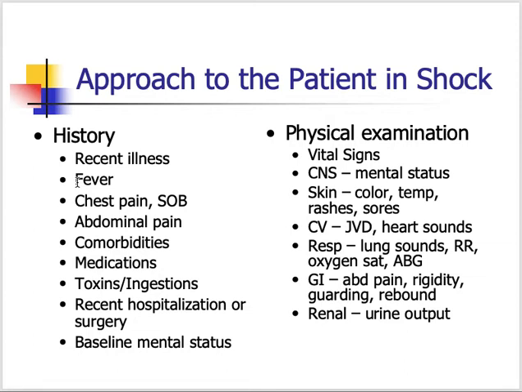The shock can be mild, moderate, or severe; hypovolemic, distributive, cardiogenic, or endocrinal. Of course, these answers you will get according to the history and examination you do. Without that, you cannot reach further.